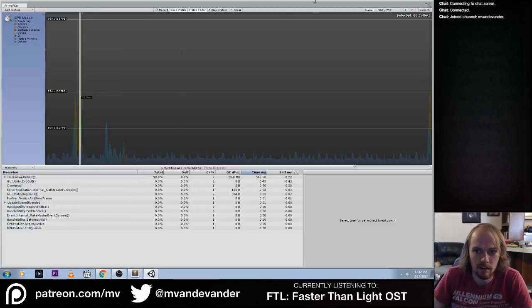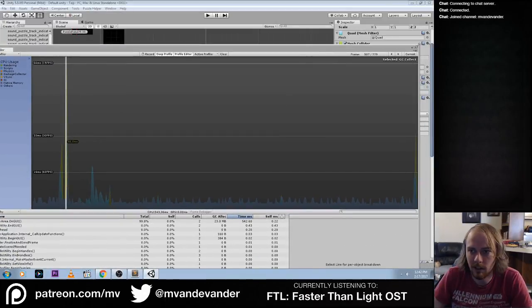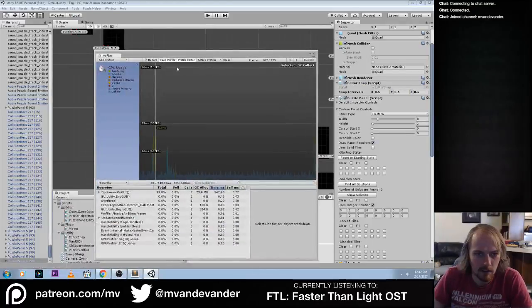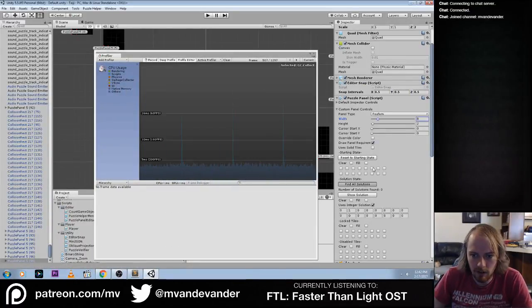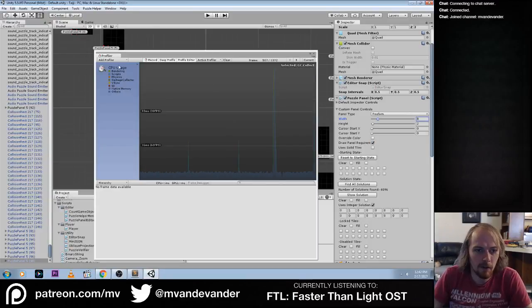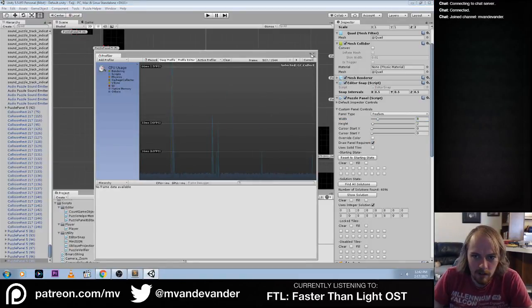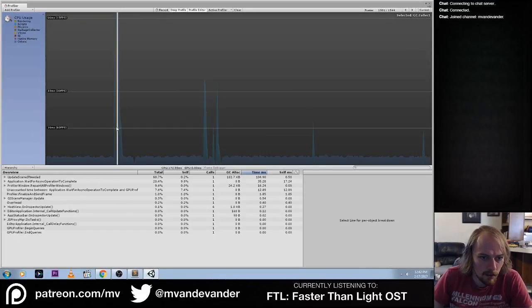Unity's GUI stuff is so buggy. Alright, so we'll try this and see. The annoying thing is deep profile makes everything way, way worse. Why is this all gray now? What is going on?